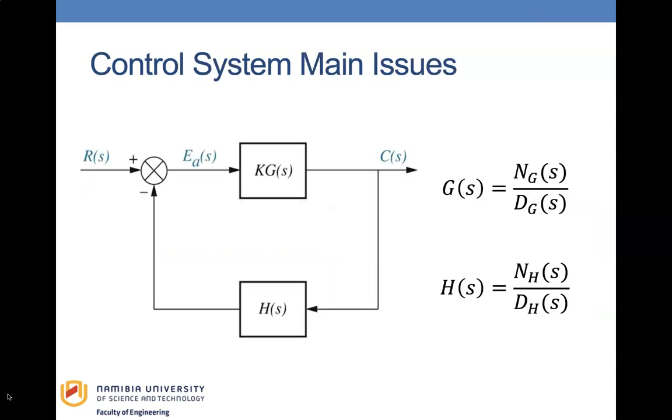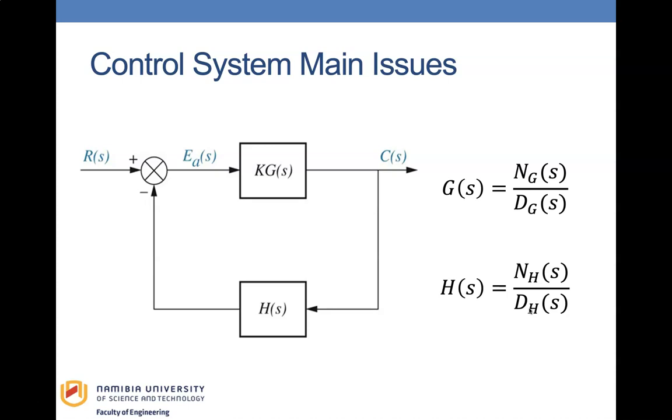Using the feedback control system in this figure and expressing our G(s) as N_G(s) over D_G(s) and H(s) equals N_H(s) over D_H(s), where N and D are factored polynomials of the numerator and denominator.